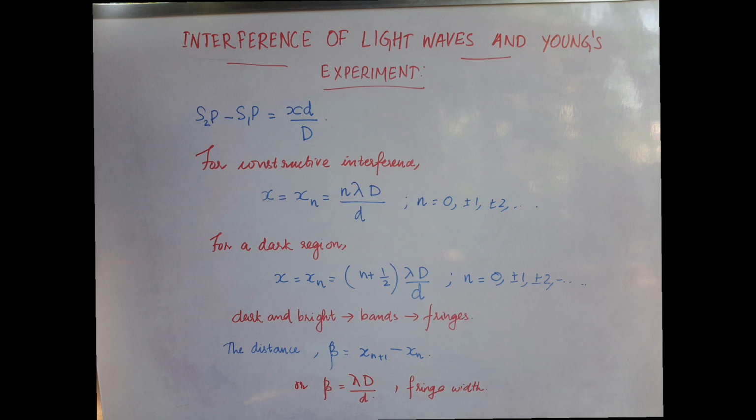So this is seen as a fringe pattern. This is called a fringe, and the distance between two consecutive fringes is beta, equal to xn plus 1 minus xn. So you can substitute n as n plus 1, and n plus 1 lambda D by d minus n lambda D by d. This gives beta is equal to lambda D by d.